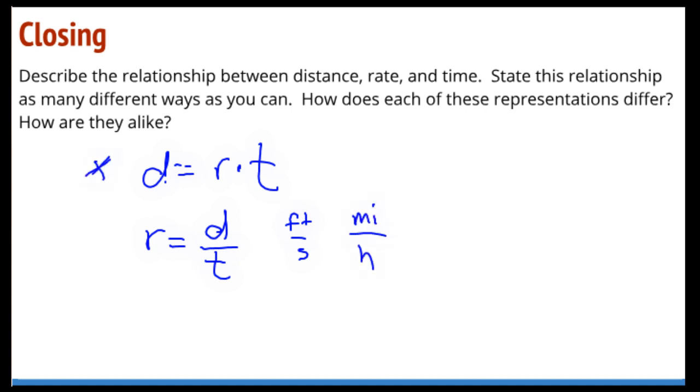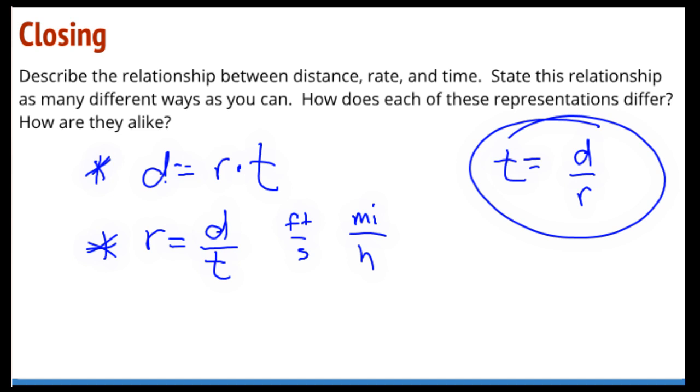So there's two relationships that we have looked at a lot in this particular lesson. It is also possible to say that the time is equal to the distance divided by the rate. That is not something that we have played with. So don't stress out about that, but I want to point out that the relationship is there.